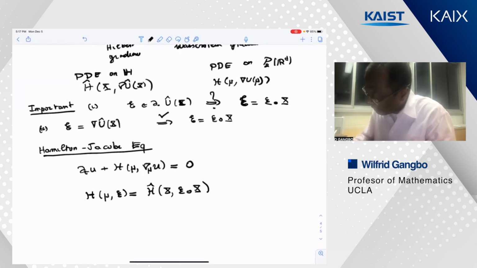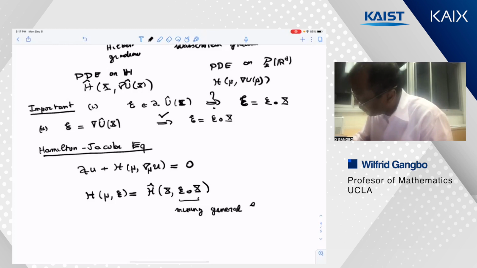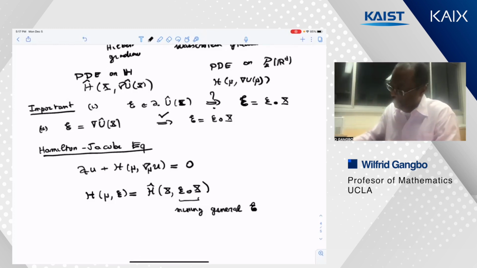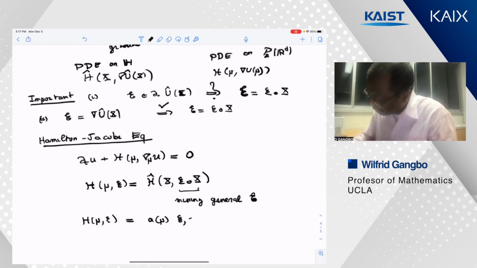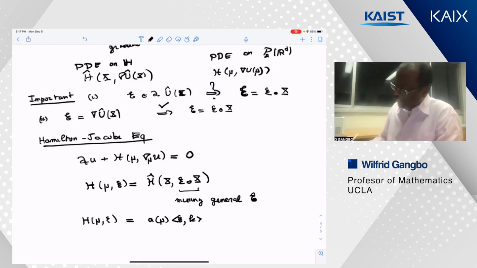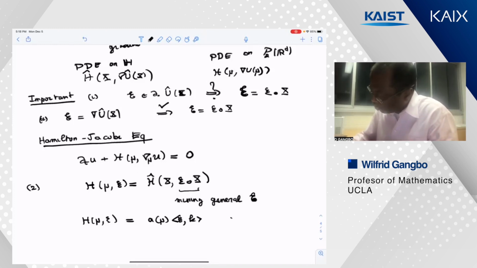So I will be missing general zeta. However, if I choose H to be linear, then one can show that two holds.